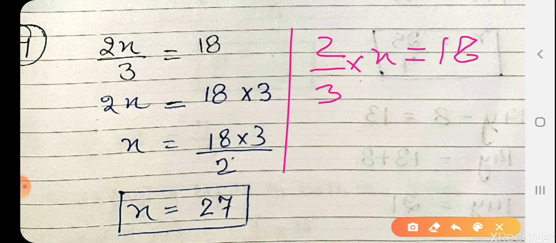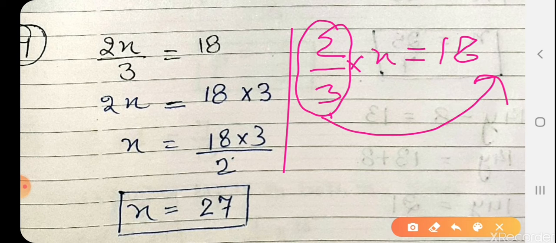So in the next step, this rational number is multiplying here. When it is transported, it will be divided, or we can say its inverse will multiply here. So x is equal to 18 into, here it was 2 upon 3, on this side we will write 3 upon 2.